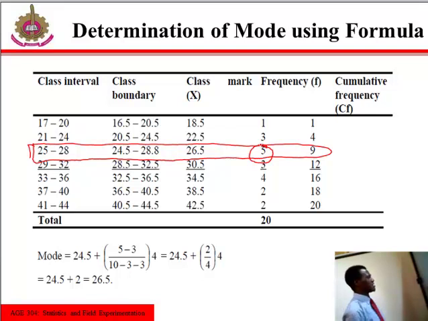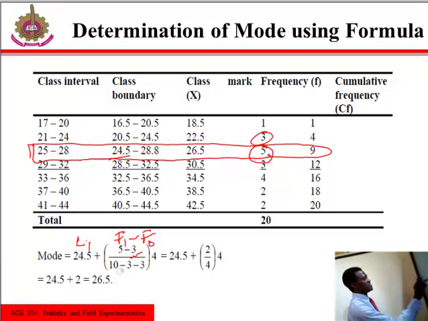And using the formula, this is L1, which is the lower class boundary of the modal class, and this is 24.5, just as we have here. Then our F1 minus F0. Our F1 is the frequency of the modal class, which is 5. Then our F0 is the frequency just before the modal class, that is 3.